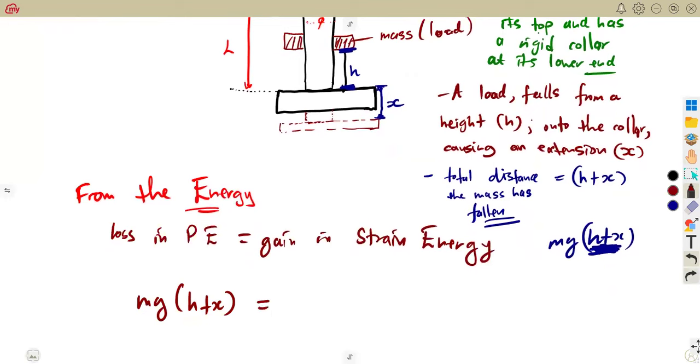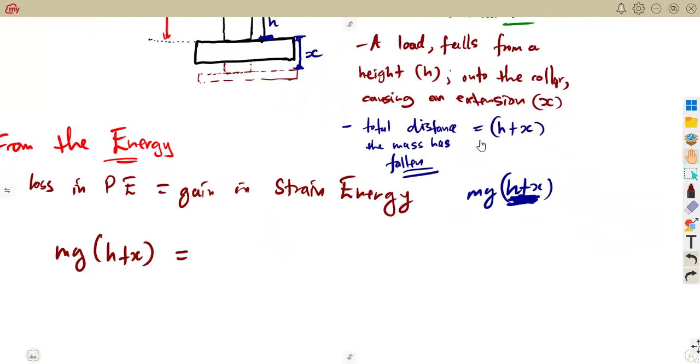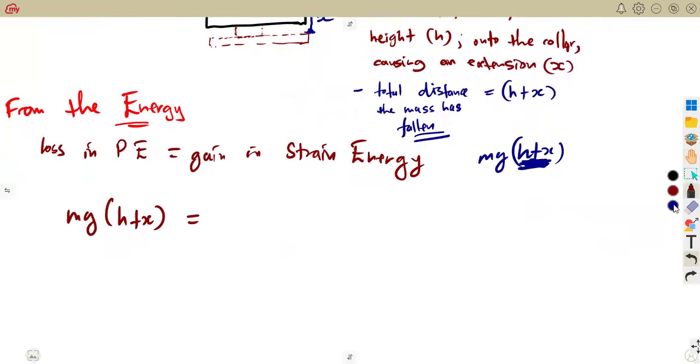For the strain energy, do not forget your formulas, guys. All the formulas that you used before for the strain energy, you can equate to your strain energy. Remember, in a normal calculation, as long as you're calculating the strain energy, it's half of Fx.